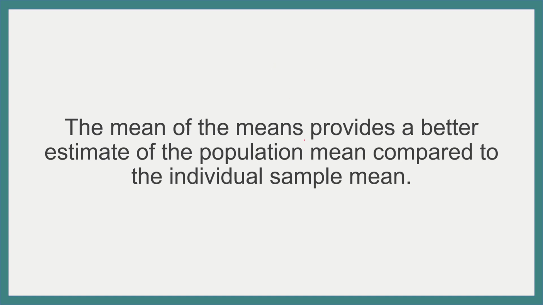Since we created a distribution of sample means, we can also solve for the variance of the distribution and the standard error of the sampling distribution. These values of the mean, variance, and standard error are a better estimate of the population parameter.